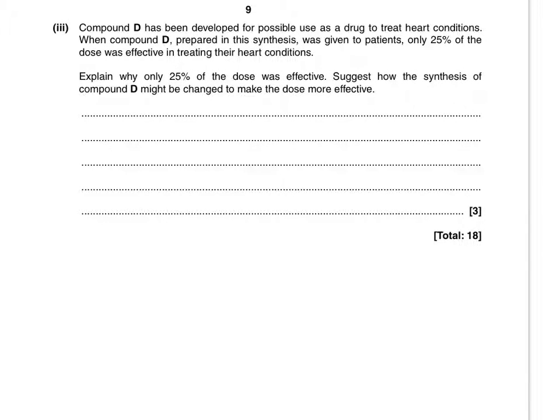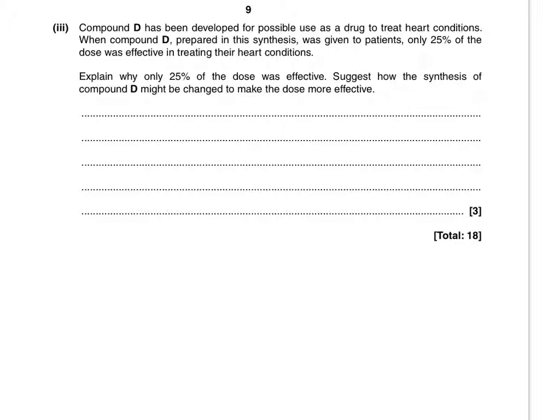So on this one here, it says that compound D has been developed as a possible drug to be used to treat heart conditions, and it also mentions that only 25% of the dose was effective, and it actually mentions it twice.